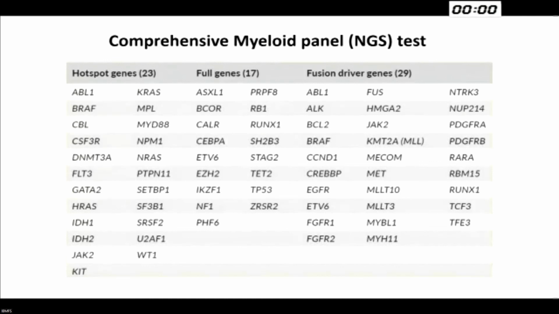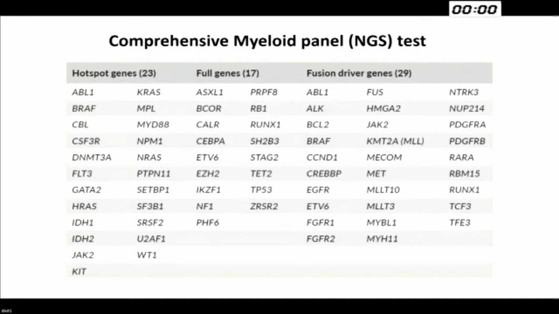So this is a 50 gene panel that we use in our lab. This has 29 fusion driver genes, which is RNA based. And then we have 23 hotspots and 17 full genes. And you can see that most of the major mutations are covered.